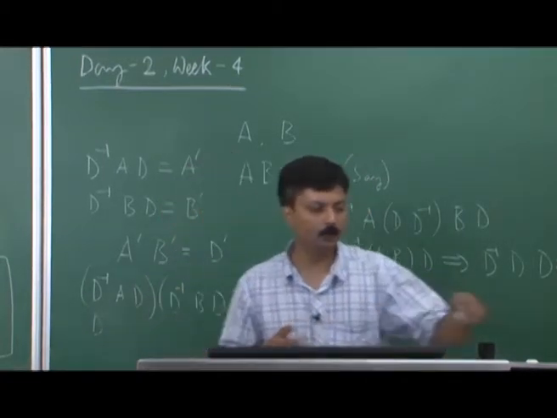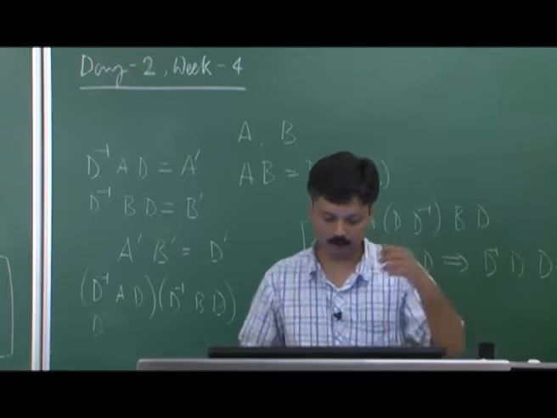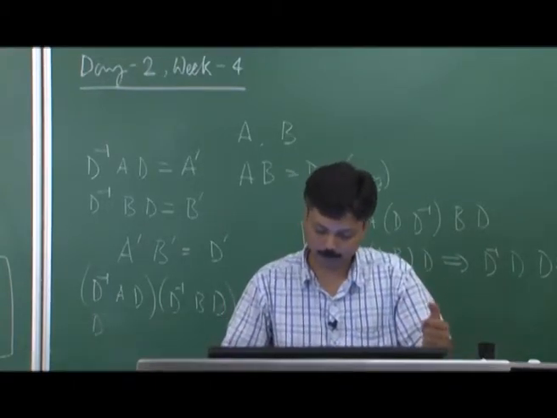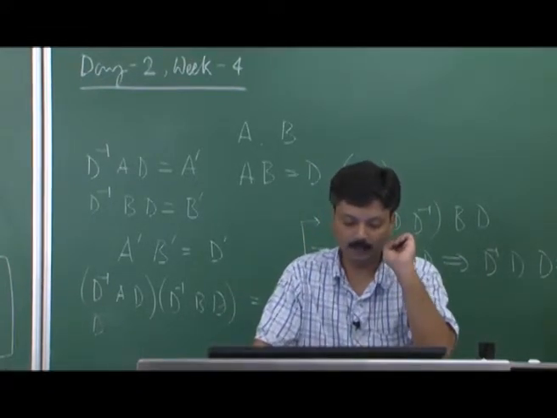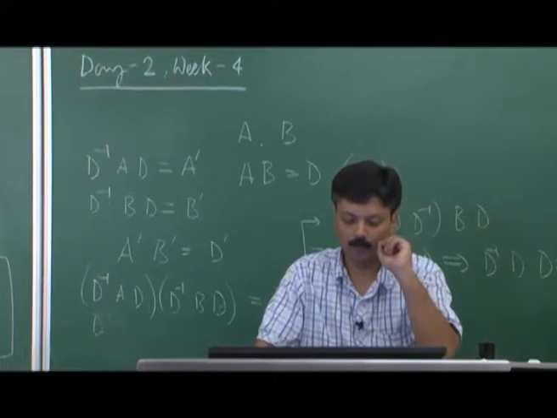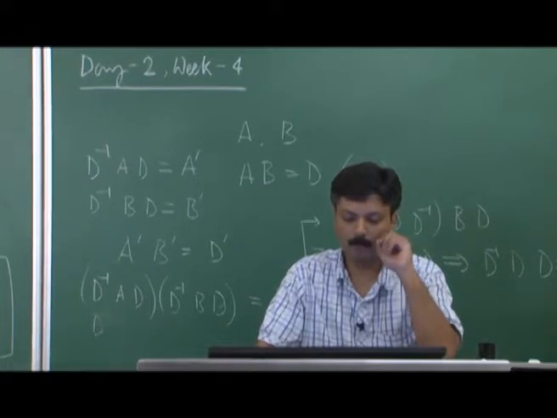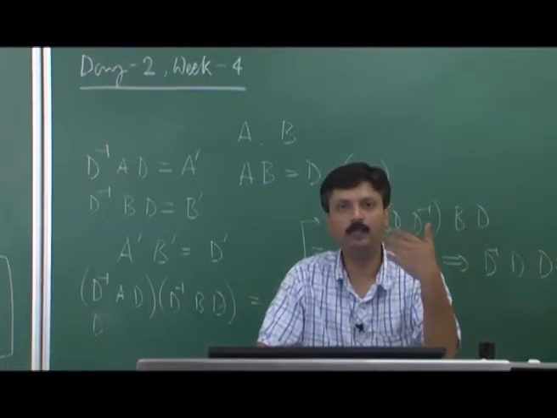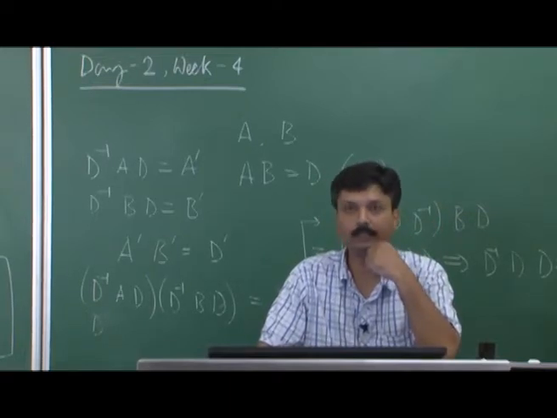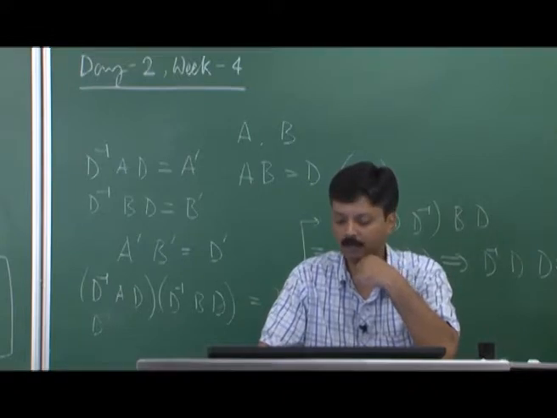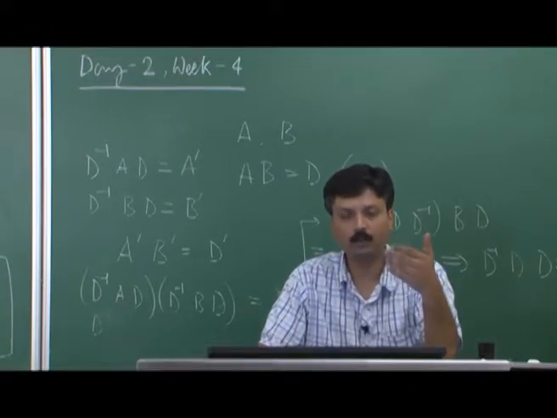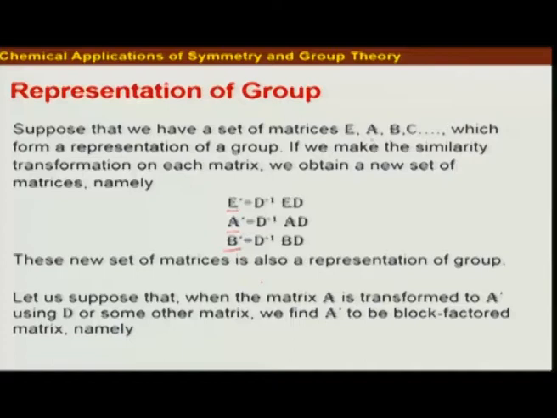Okay, so that's what is written here. Now, having said that, suppose that when we are doing the similarity transformation on these matrices A, B, C and all, the new matrices A prime, B prime, C prime that we are getting are block factored, and they are block factored in the same way.